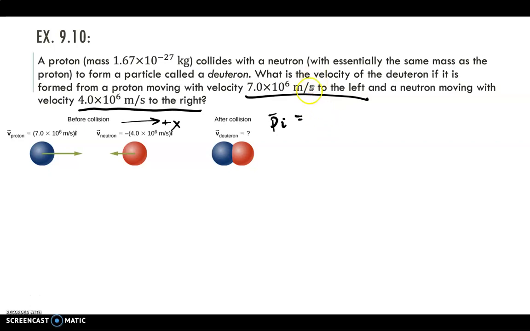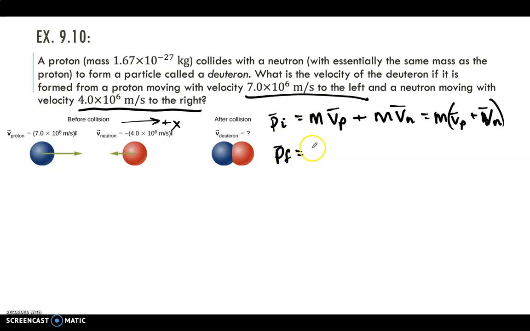And it will be m, and since they have the same mass, I'm going to leave it as just m, times v_p plus m times v_n.